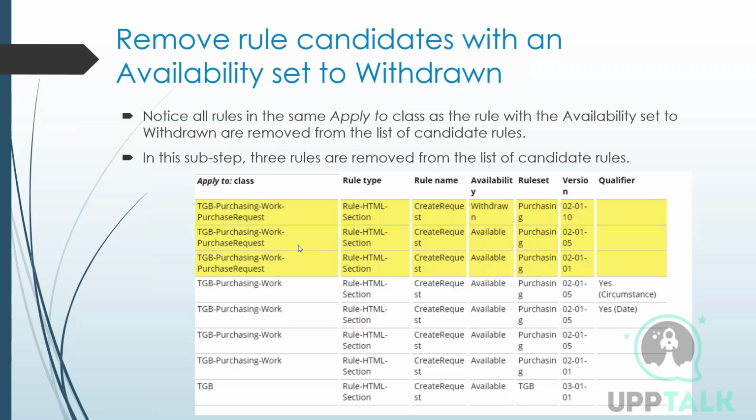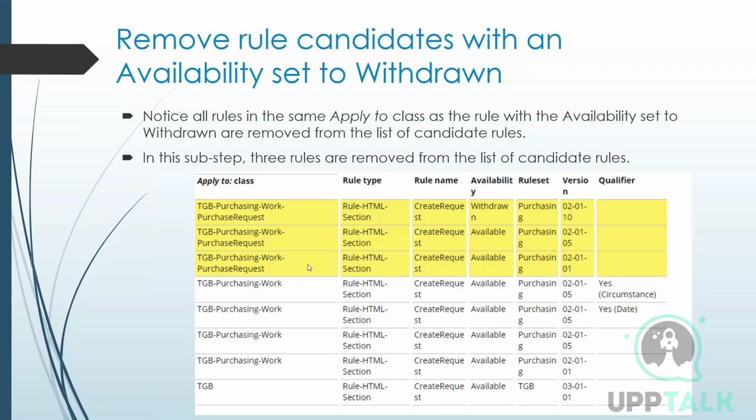It finds that there are 2 other rule candidates with the same kind of properties, so all 3 are discarded. So we have an advantage with this kind of withdrawn rules, and we'll be talking about that.